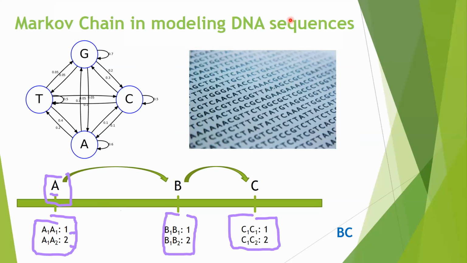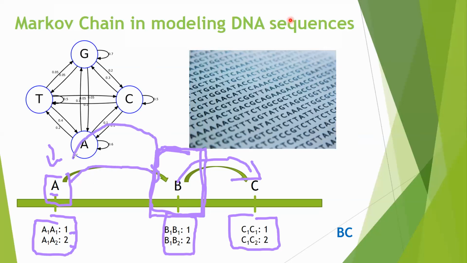We're going to start from locus A to see how the Markov chain can be used to describe multi-loci. If we start from locus A, when we want to study the probability of any genotype at locus B, the genotype for B only depends on the previous step, which means it only depends on the genotype of locus A.